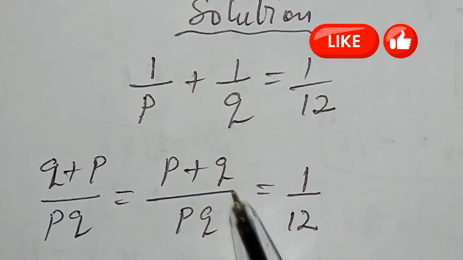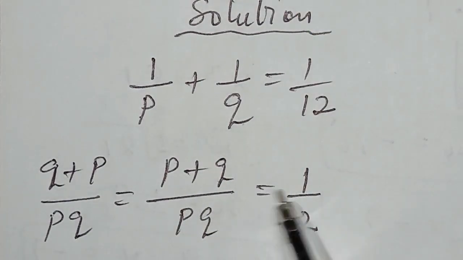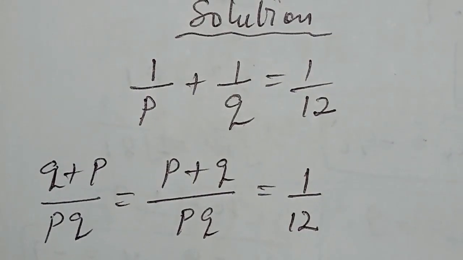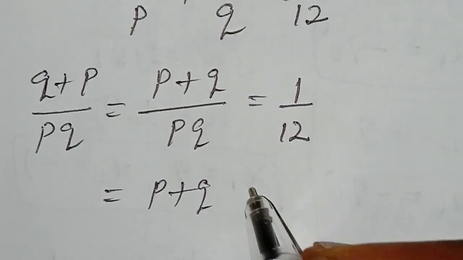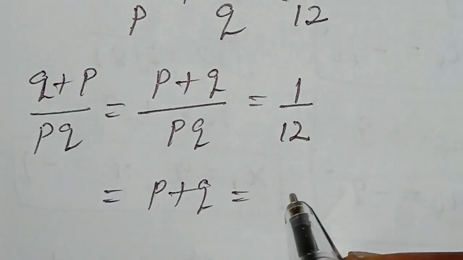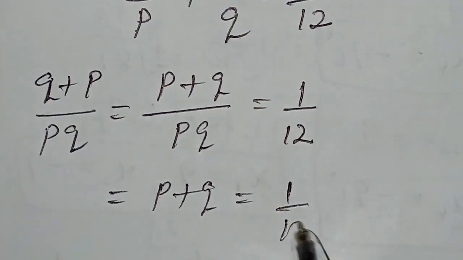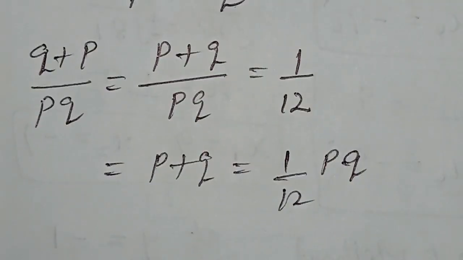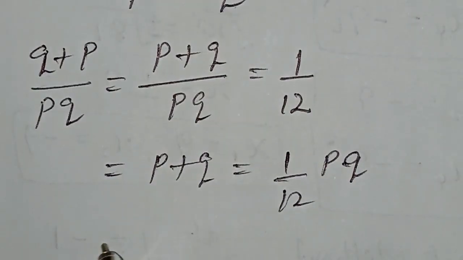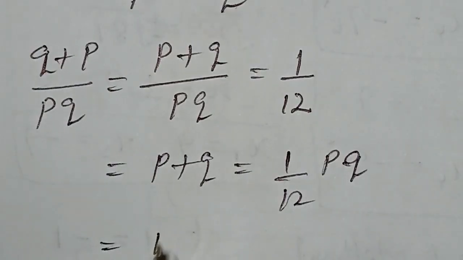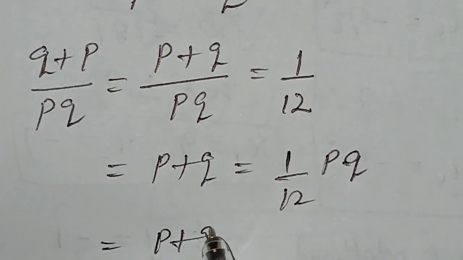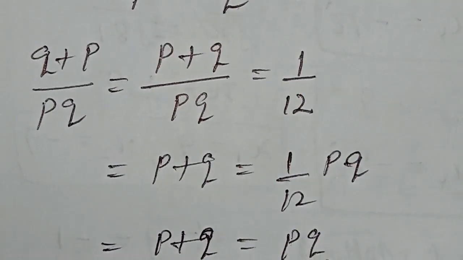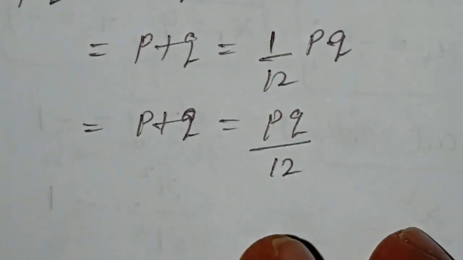Over here, we multiply both sides by PQ. So we have P plus Q equal to 1 over 12 PQ. Now this can be written as P plus Q equal to PQ over 12.